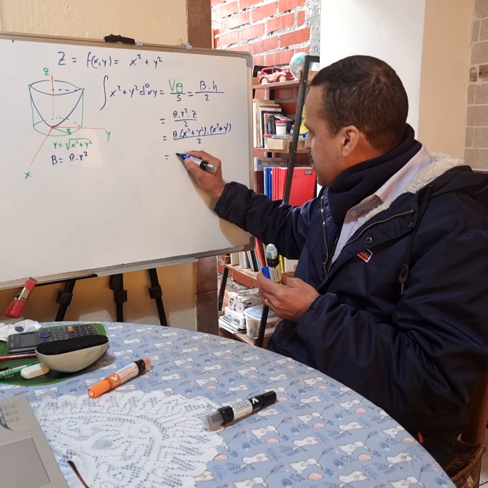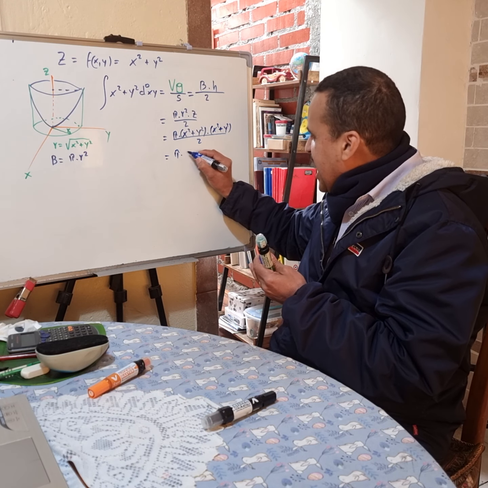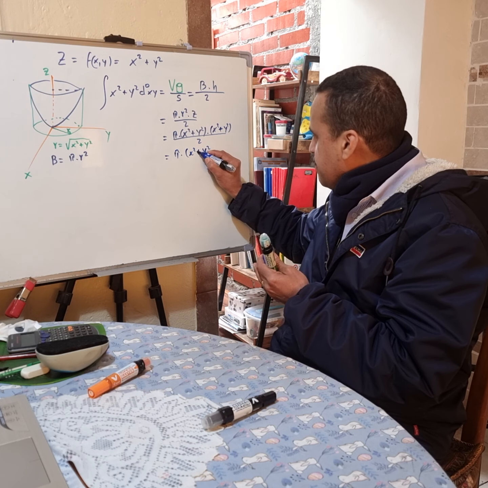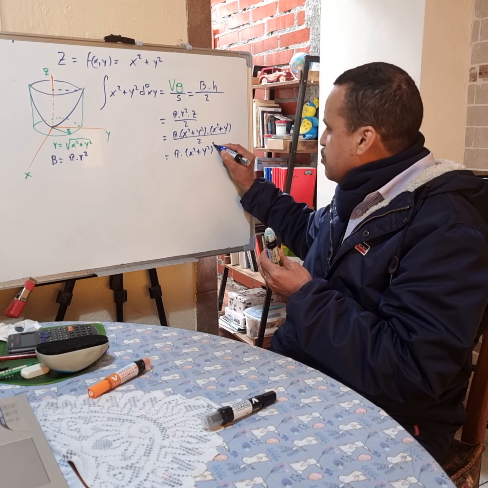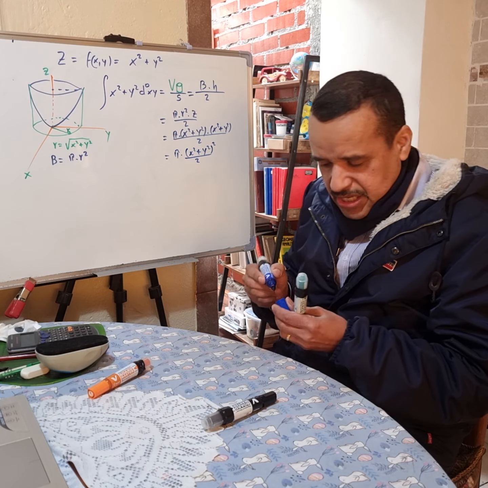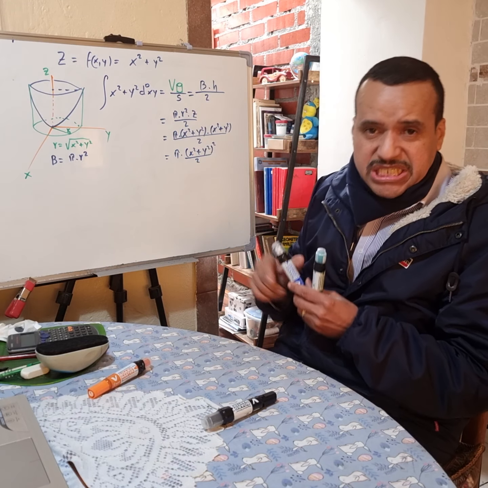And finally, we have our primitive, which is pi times s squared plus y squared to the power 2 divided by 2. This is our primitive of that identity function in the circular expansion.